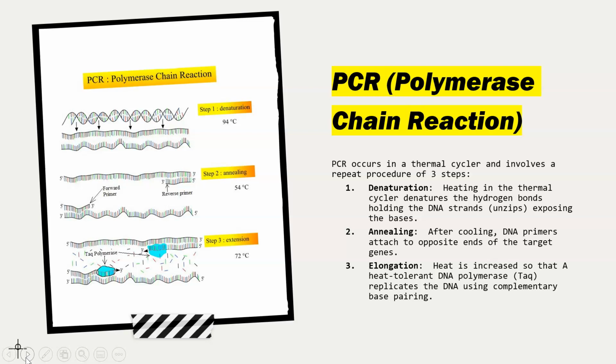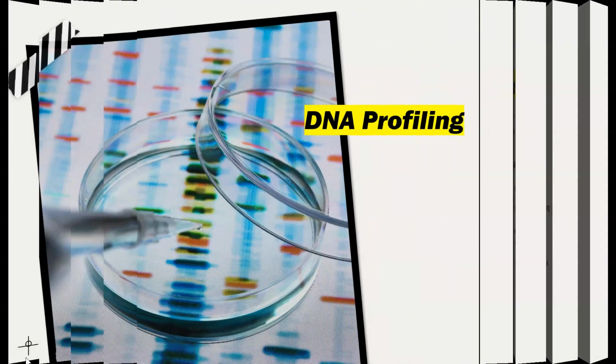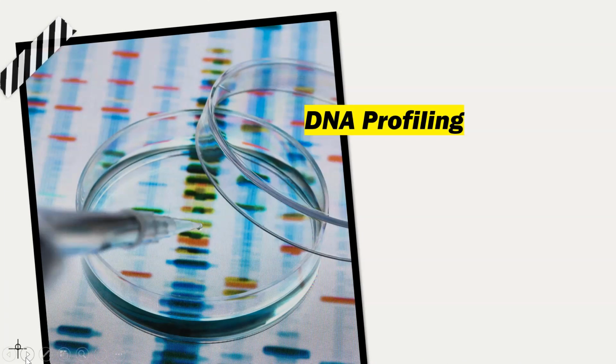The heat is then increased so that a heat-tolerant DNA polymerase, known as Taq, replicates the DNA using complementary base pairing. The cycle's repeated over and over, so you get lots of copies.